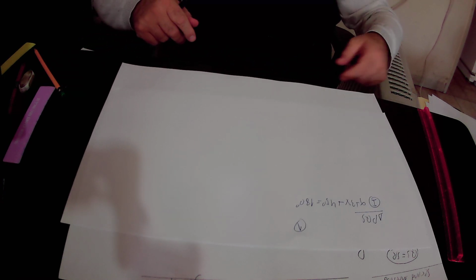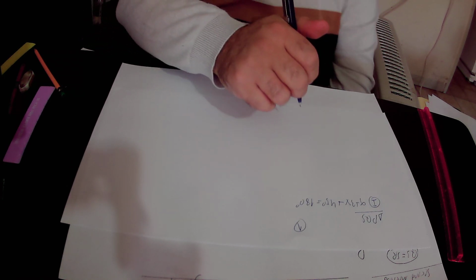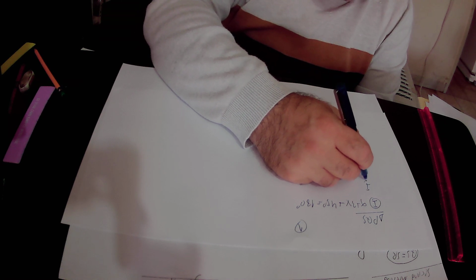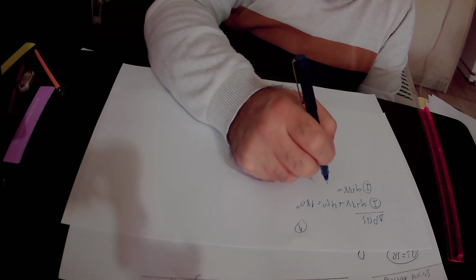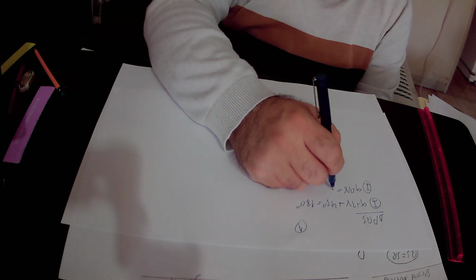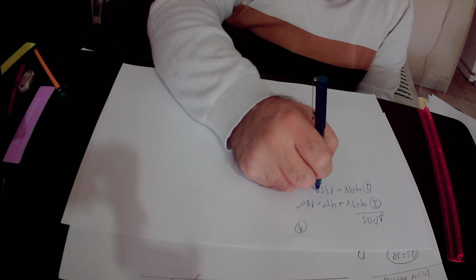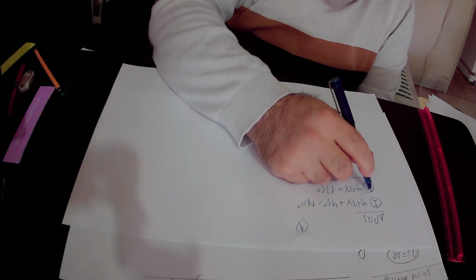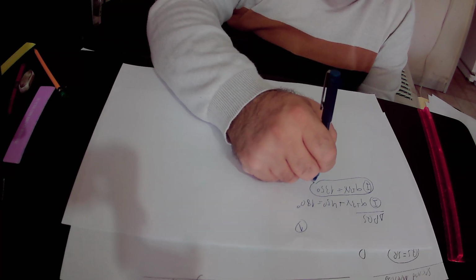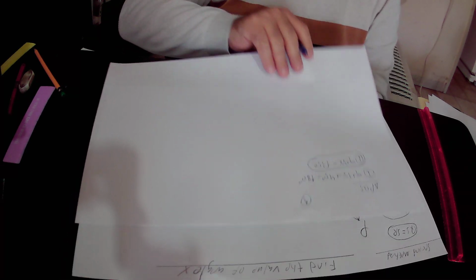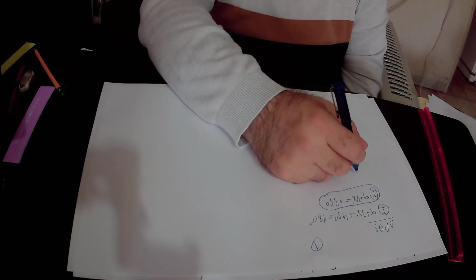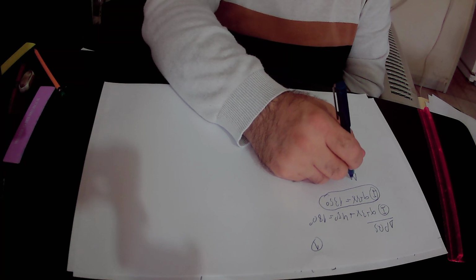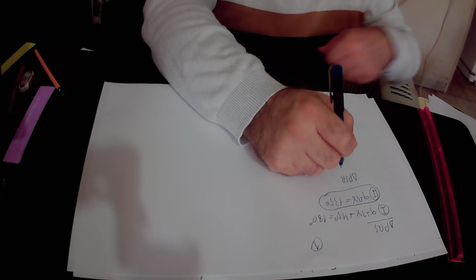Here we will subtract 45 degrees from this equation number 1, and we will get that alpha plus 3x equals 180 degrees minus 45 degrees, which is 135 degrees. So according to equation number 1, alpha plus 3x equals 135 degrees. We will focus on triangle PSR. In triangle PSR, the sum of the angles must also be equal to 180 degrees.